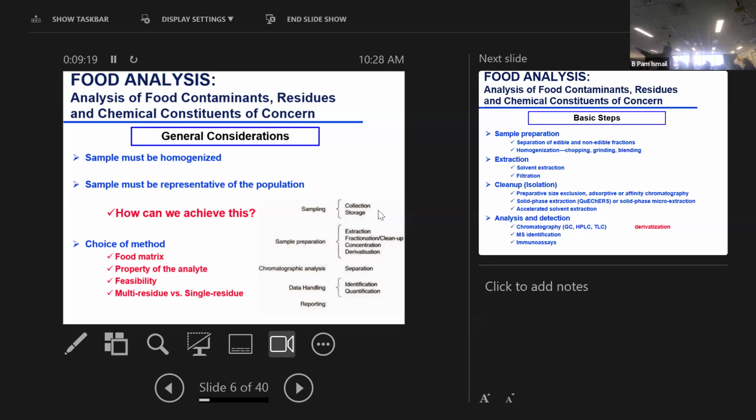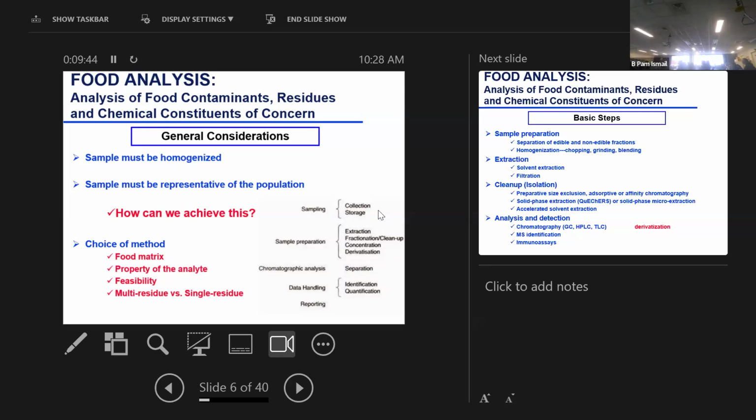Then we do a series of extractions and purification. Sometimes we really have to do stepwise purification to get a concentration that we can measure, because these are present in really small concentrations. Then we determine the method of analysis and the detection based on what we know about this component.